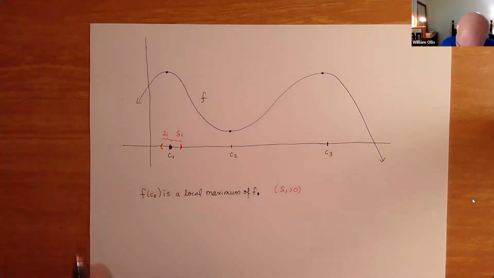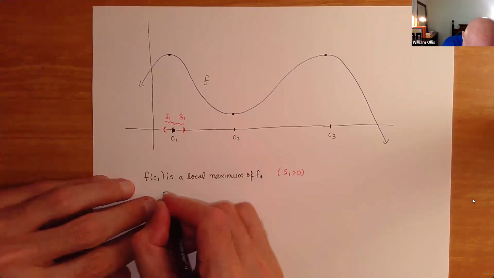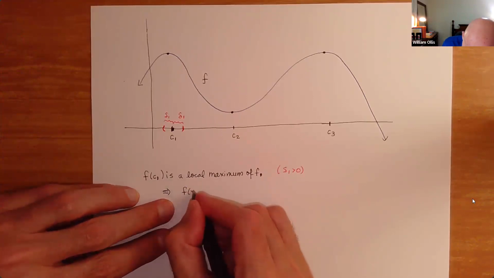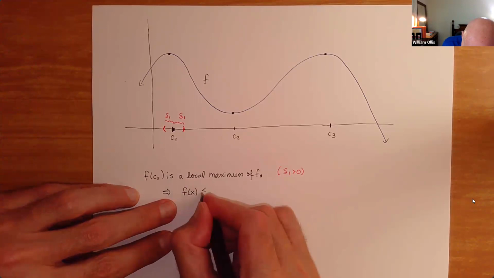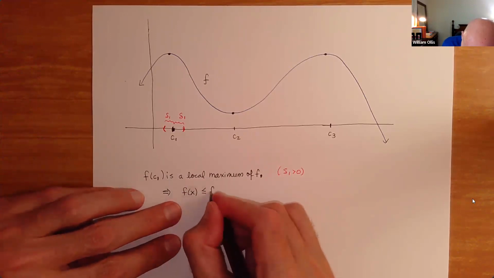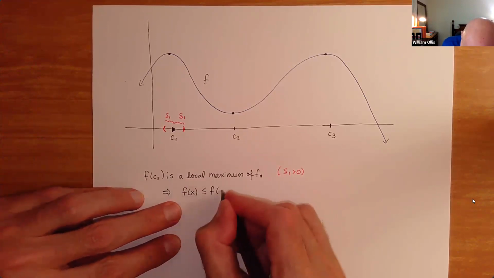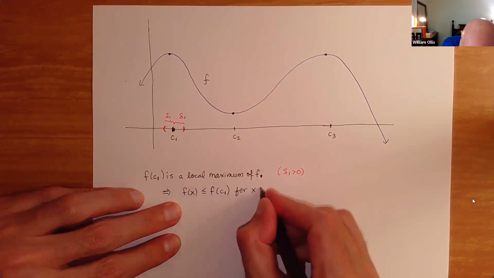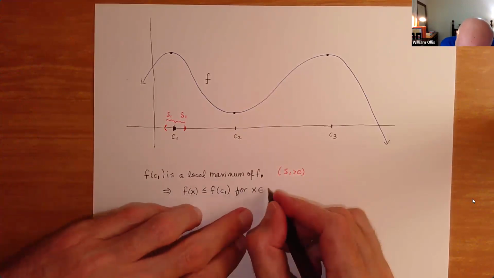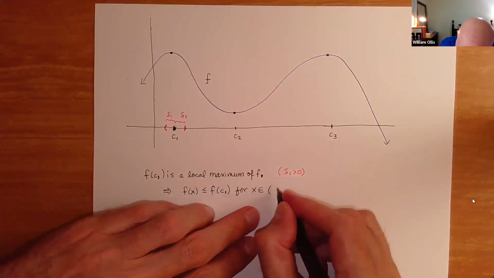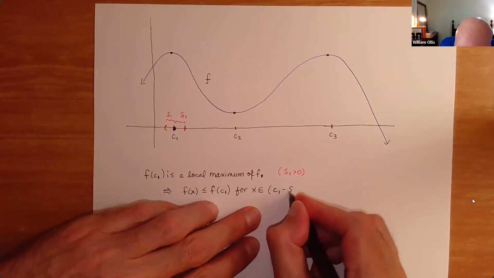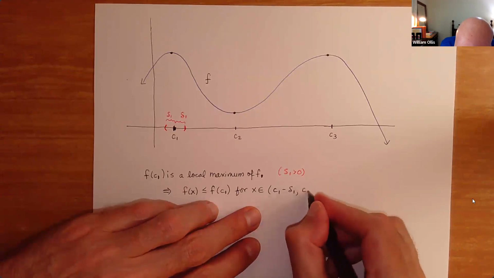What does it mean, local maximum? This implies f of x is less than or equal to f of C1 for x an element of, and we'll write it this way, C1 minus delta 1 to C1 plus delta 1.